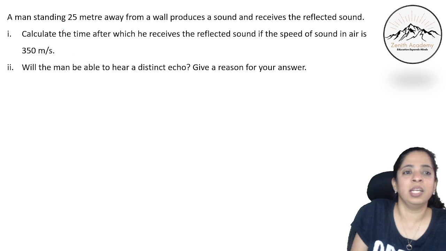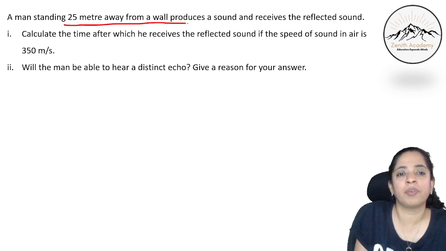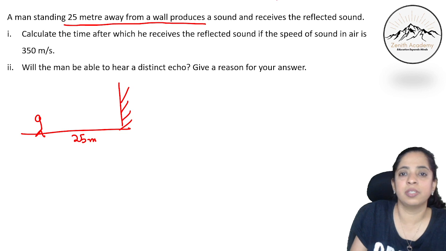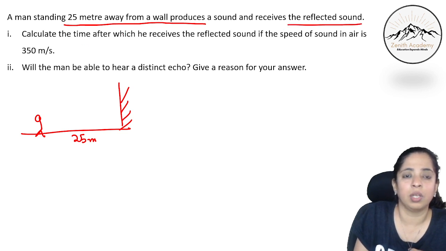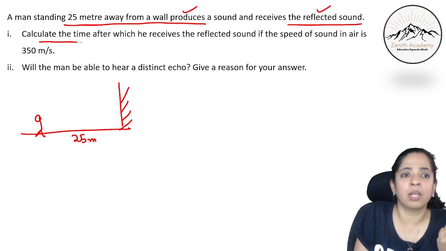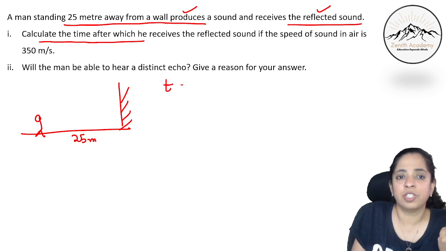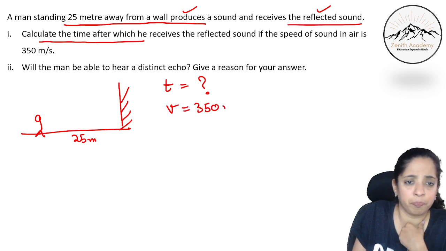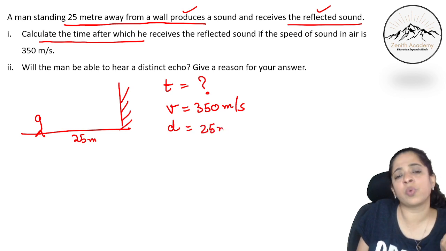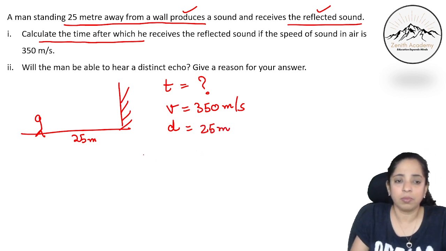Okay, a man standing 25 meter away from a wall. So there's a wall, and the man standing 25 meter away produces a sound and receives the reflected sound, which means echo. Calculate the time at which he will receive the reflected sound if the speed is 350 meter per second. Distance is 25 meter. Everything is given.